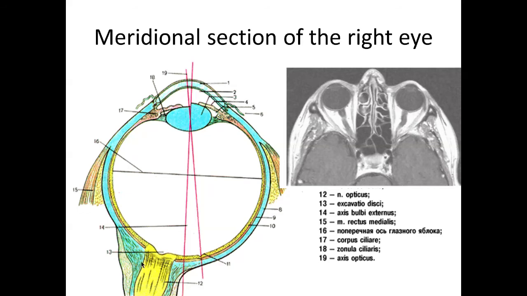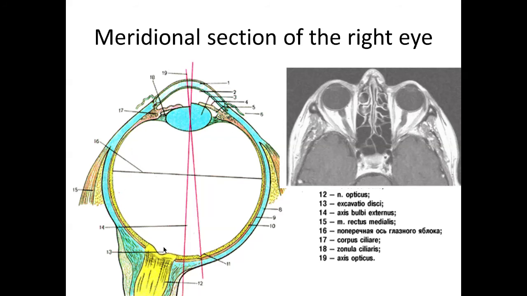So that's why in the meridional section in the horizontal plane we can find a large peripheral or temporal portion of the eyeball and a lesser nasal portion of the periphery of the eyeball.